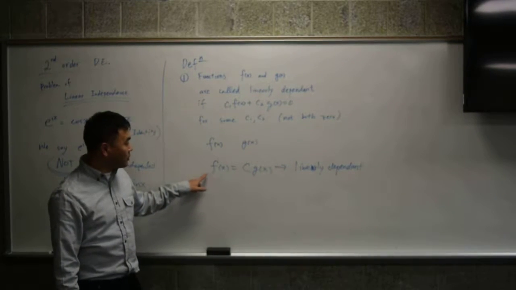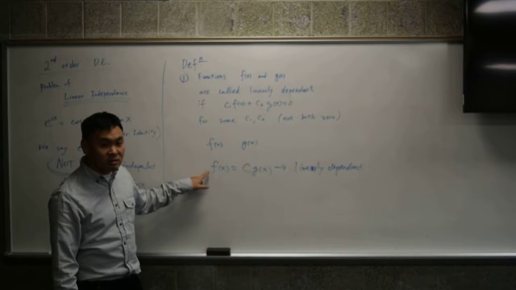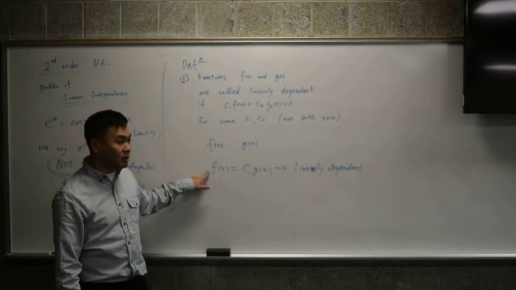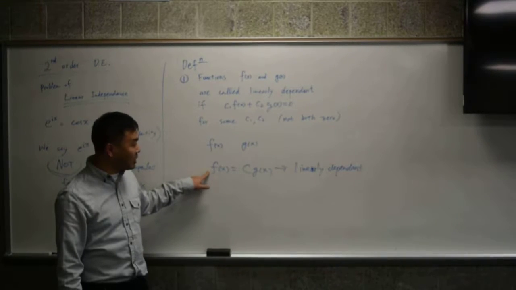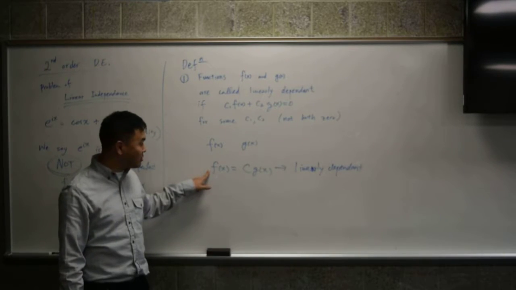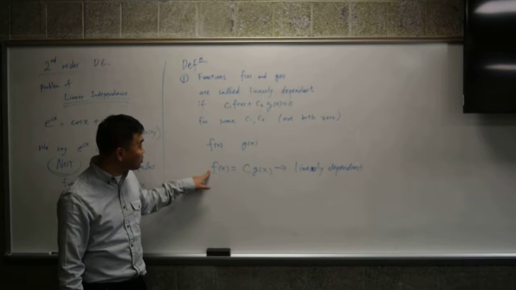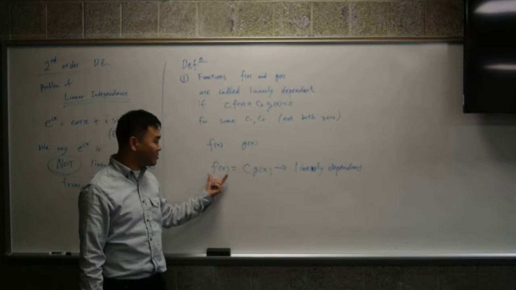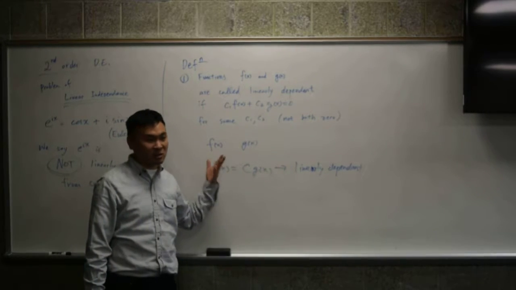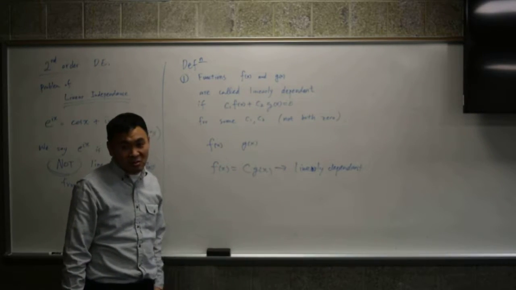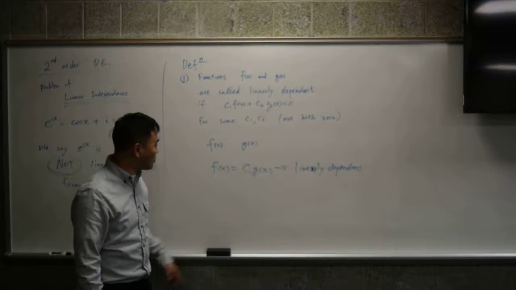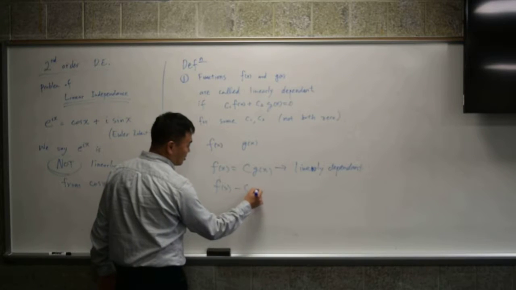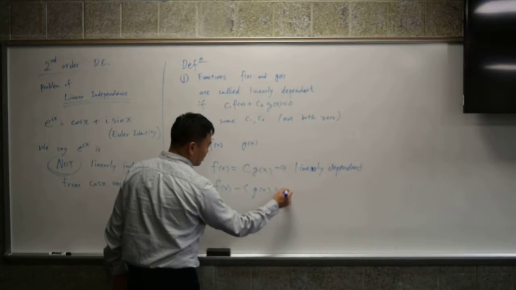So you could define linearly dependent this way. But a lot of times if you open up the textbooks, they write it in a more symmetric form. This seems to treat f(x) as something more special than g(x), or vice versa. It's not symmetric, right? So instead, they move this to the other side and you get f of x minus c g(x).